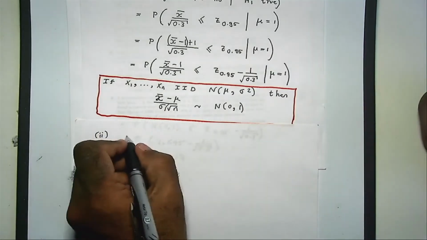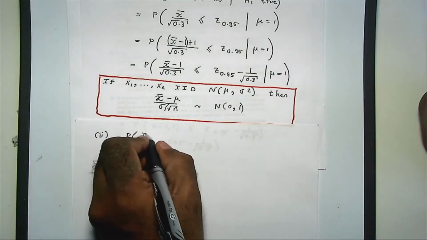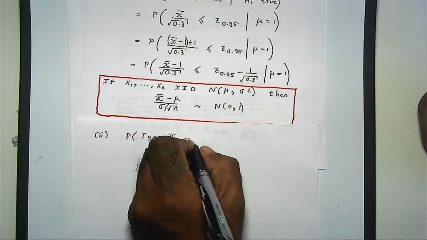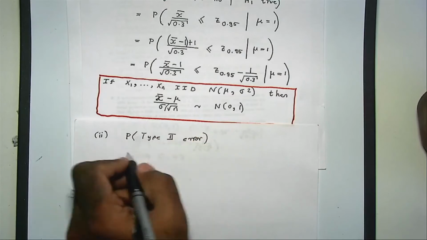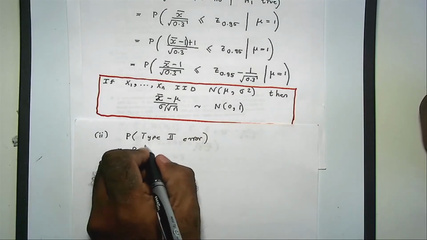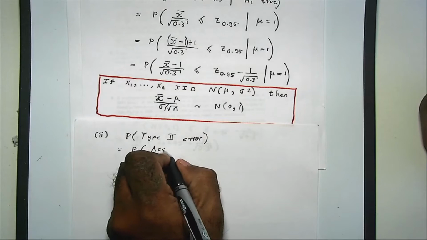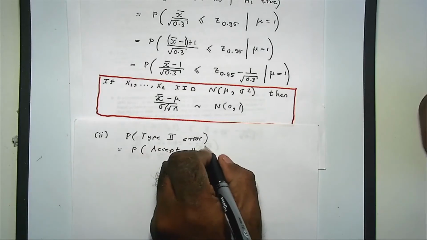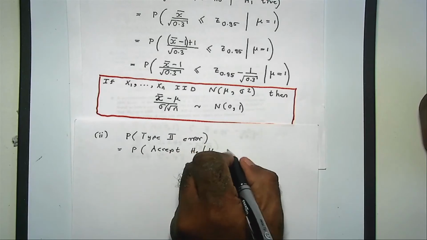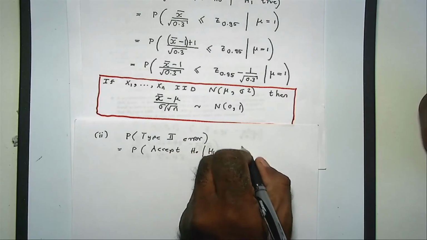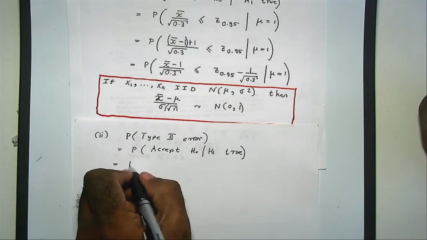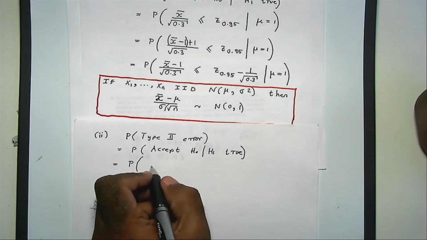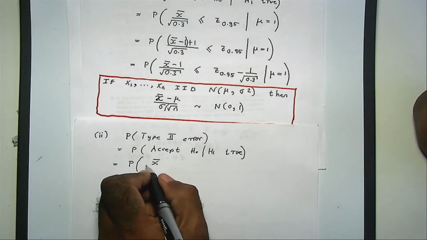Okay, so we start with the probability of type 2 error, which is the probability that we accept the null hypothesis, which is the probability that, so the probability of accepting is the opposite of rejecting, which is this.